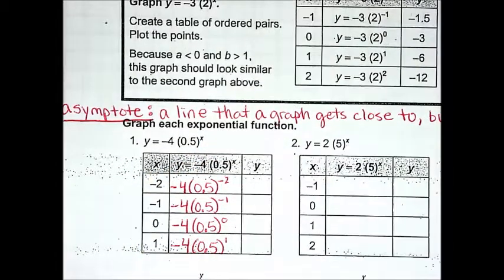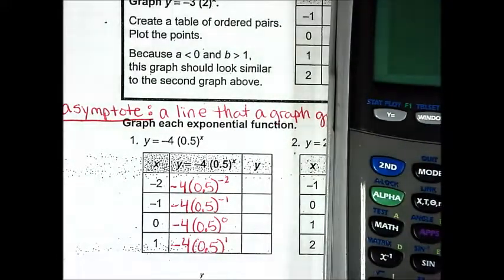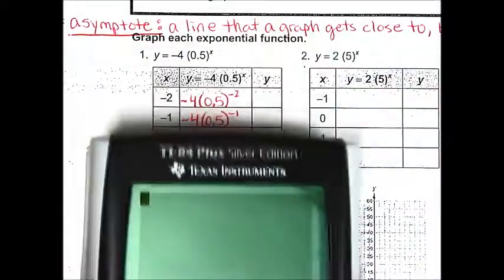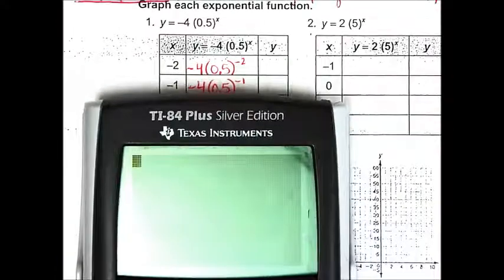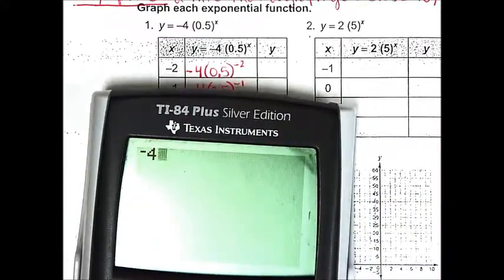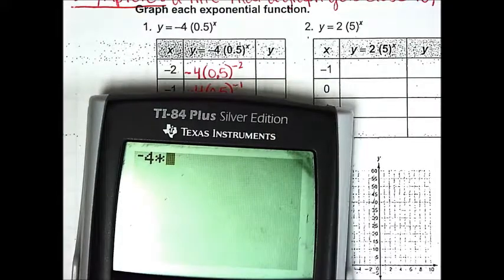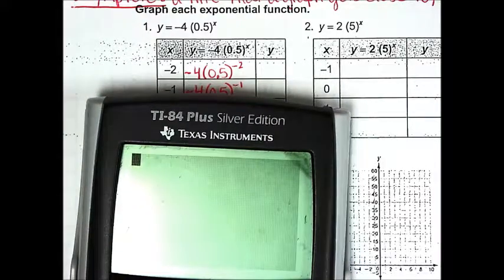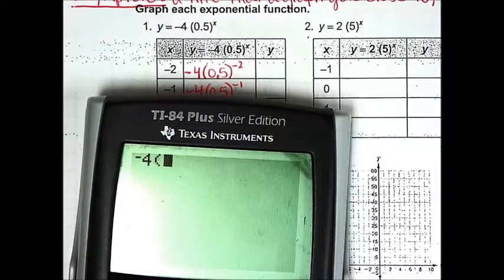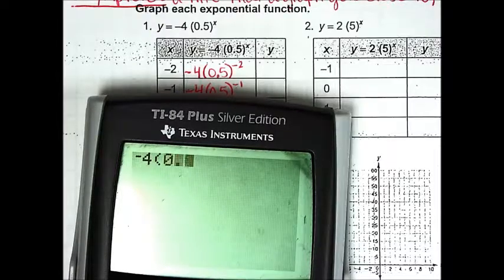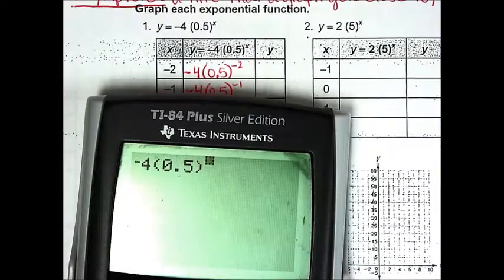So that's all we're doing. And because they are decimals, we are strictly doing this on the calculator. So you're literally typing in -4 times 0.5 to the negative second.